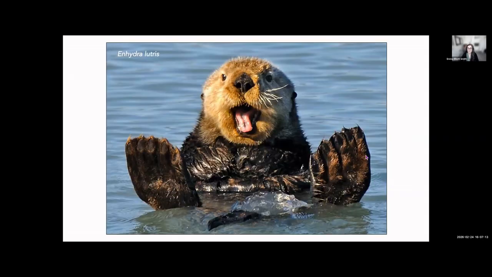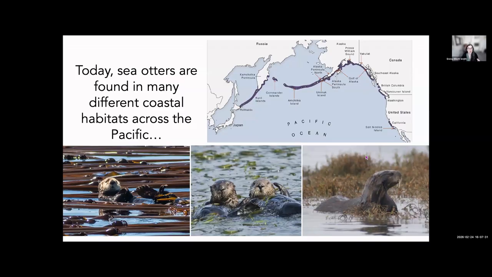So now onto the main subject of this talk, which is sea otters. I feel incredibly privileged to have worked on this species for almost a decade at this point. But just to give a little primer for those of us that may not be as familiar with them, as is probably obvious from the name, sea otters are a marine mammal, but it might be more appropriate to call them a coastal mammal.